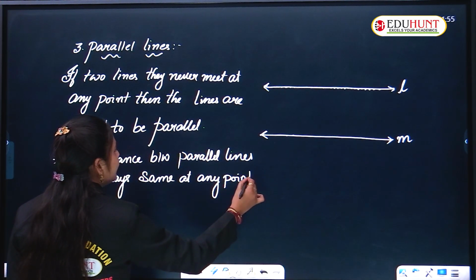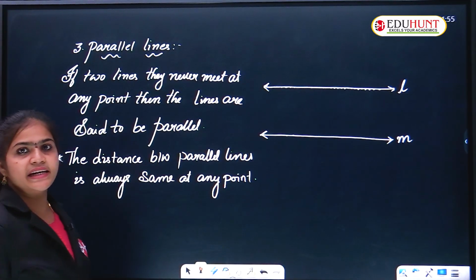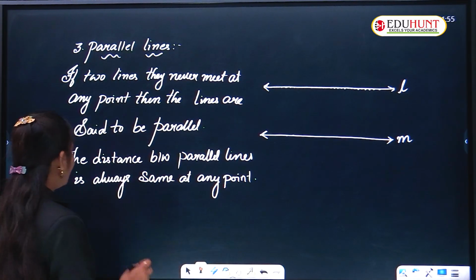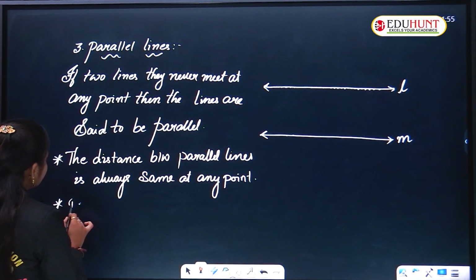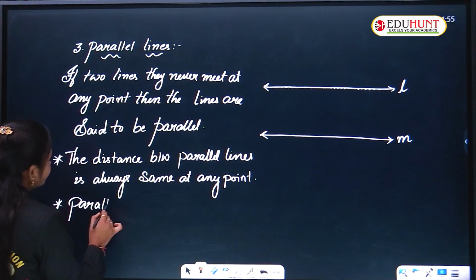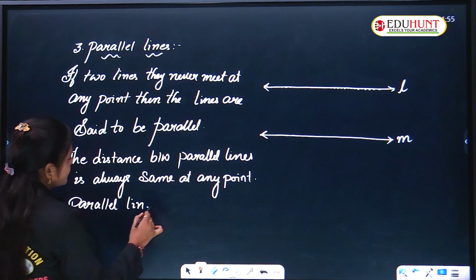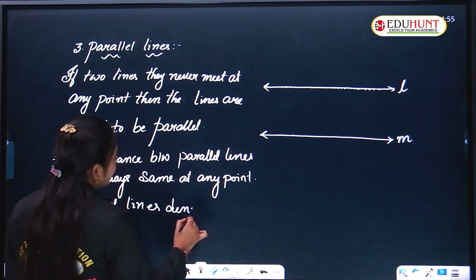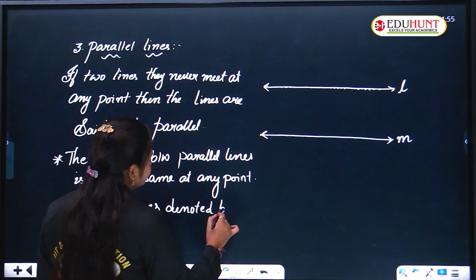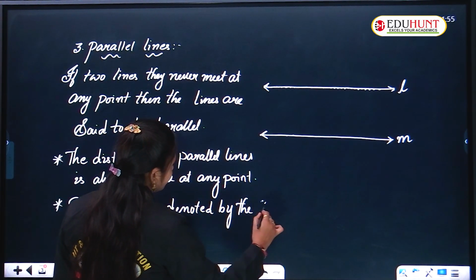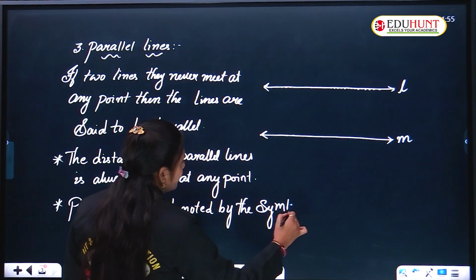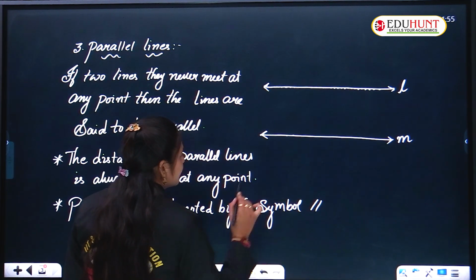Understood, ma? And what is the symbol which indicates parallel lines? Okay, see here. Parallel lines are denoted by the symbol, two slant lines.